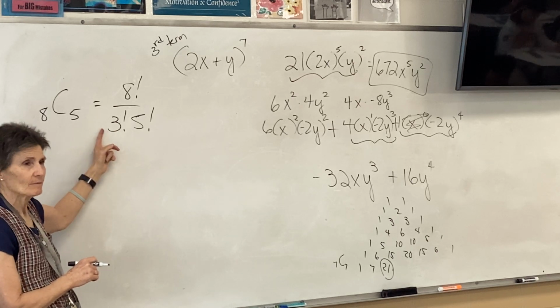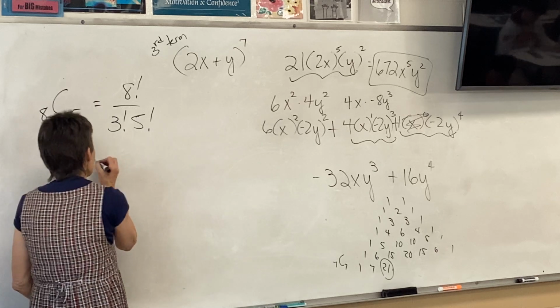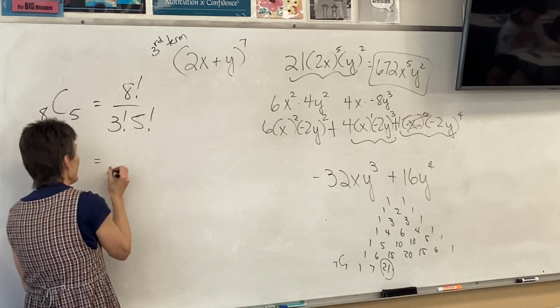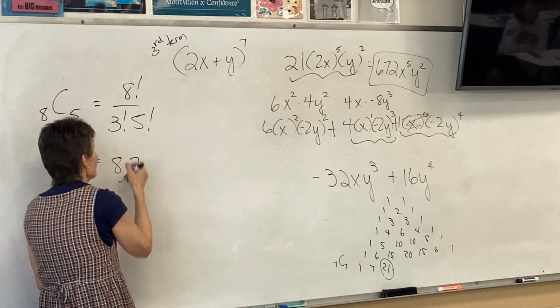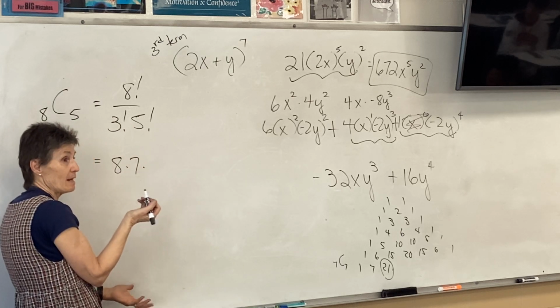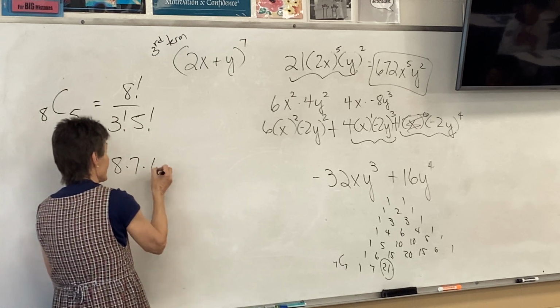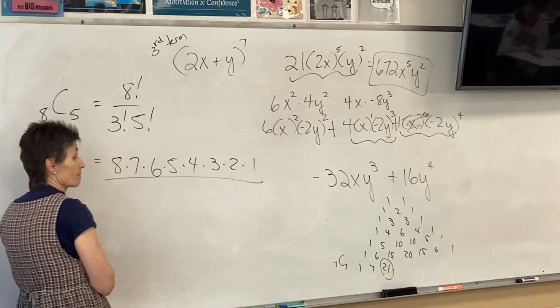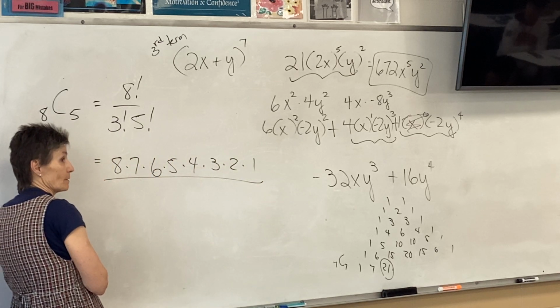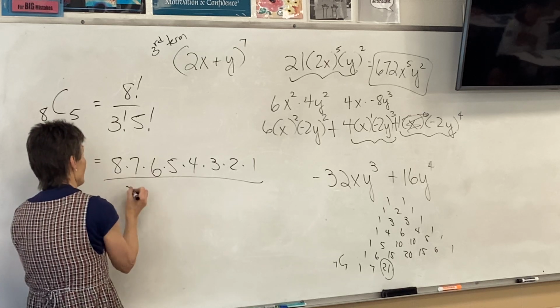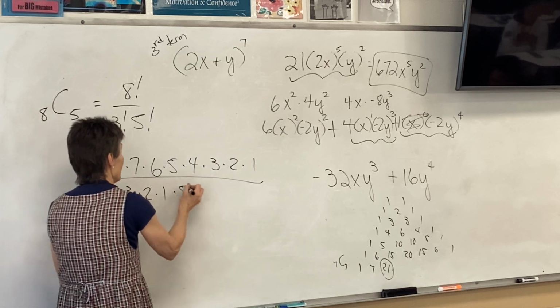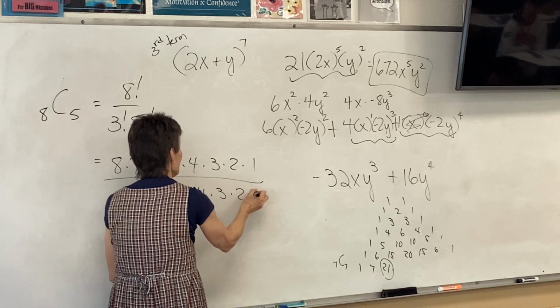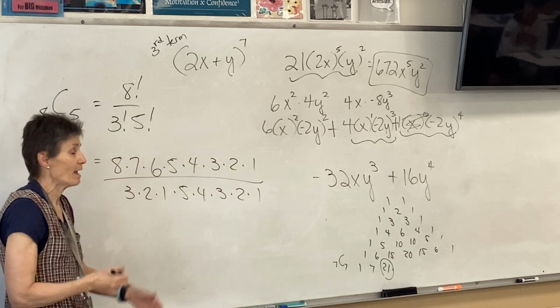8 minus 5. Right. So then we write out what 8 factorial means. 8 factorial means 8, 7, 6, 5, 4, 3, 2, 1. And that's over 3, 2, 1, 5, 4, 3, 2, 1. Well, guys, what is going to happen every time?